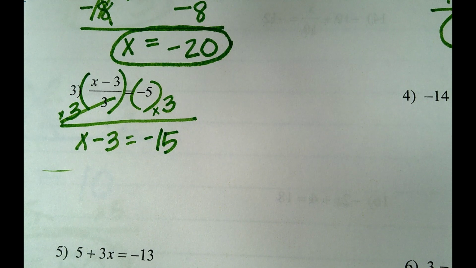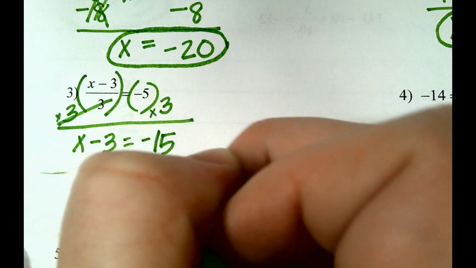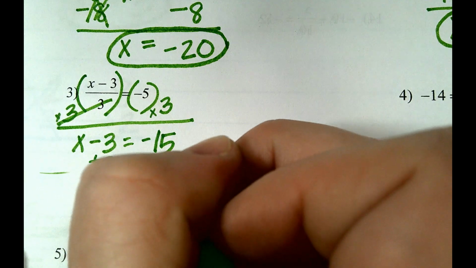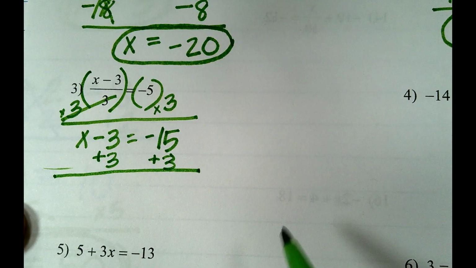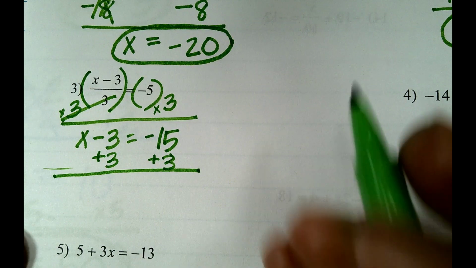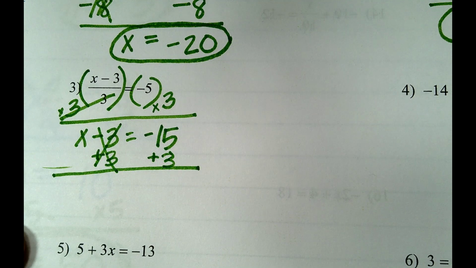Okay. Now, what do I do next? Yes, add 3 to both sides. The 3s cancel.